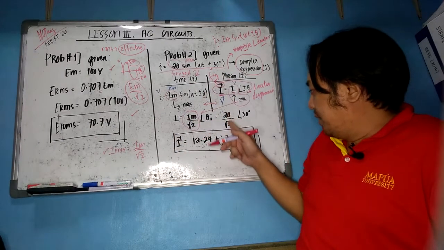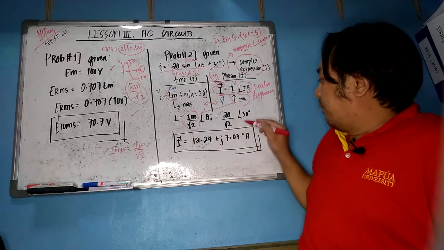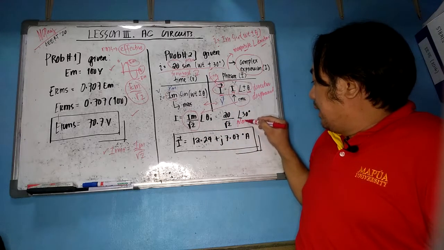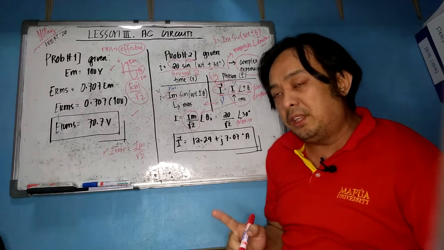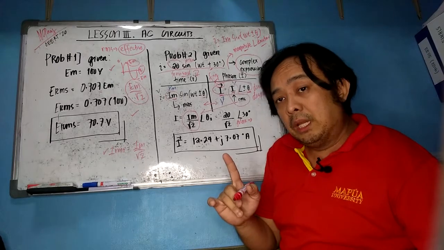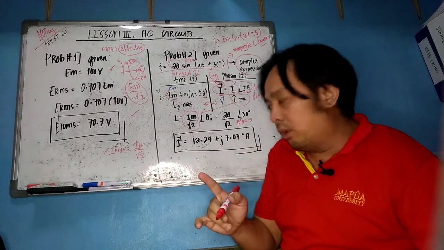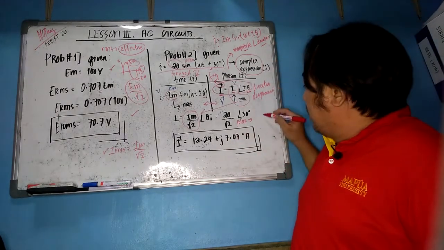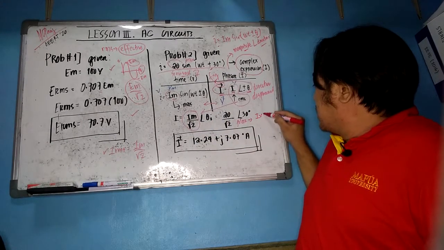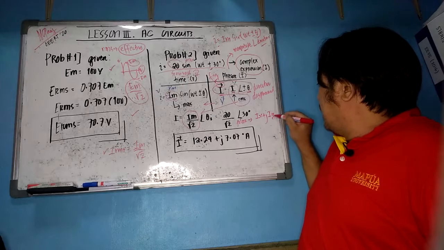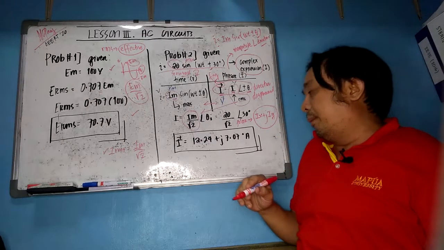Now, you will have this one in polar form. Now you can have this one as a complex quantity. A complex quantity must be in complex rectangular form. So it means this one can be converted to Ix plus j Iy in complex form.